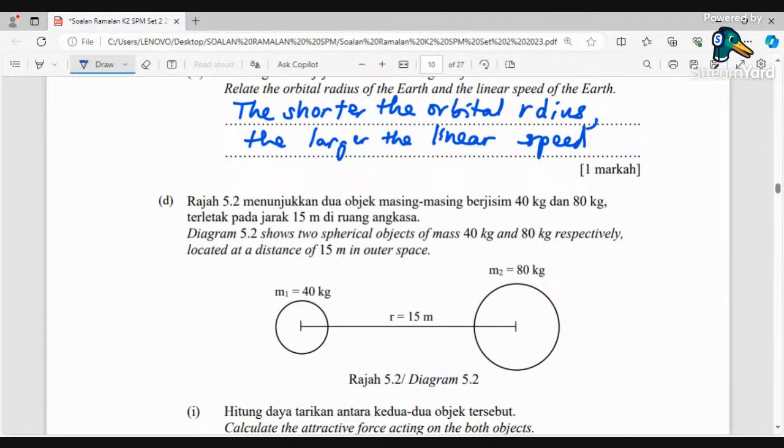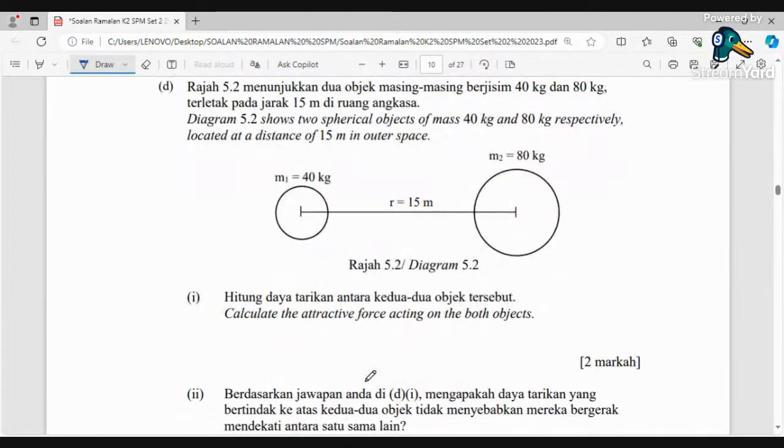Okay, ada dua objek. So ini ialah force gravitational. Kita ada M1 dan M2. Calculate attractive force acting on both objects. Formula F equals G m m divided by R squared, ataupun F equals G M1 M2 divided by R squared.